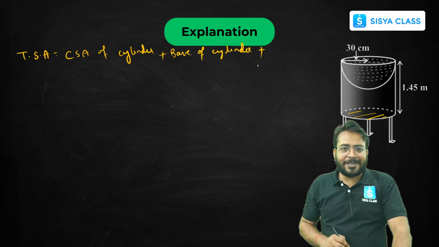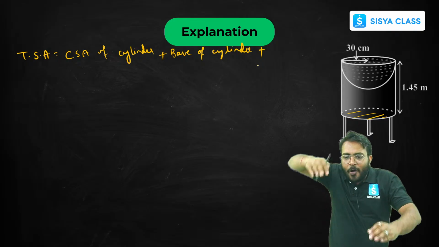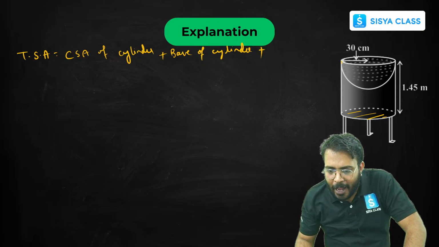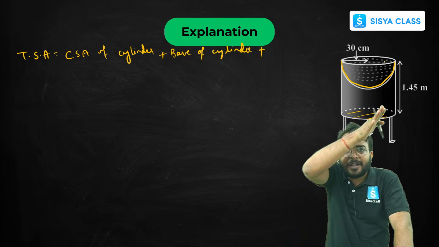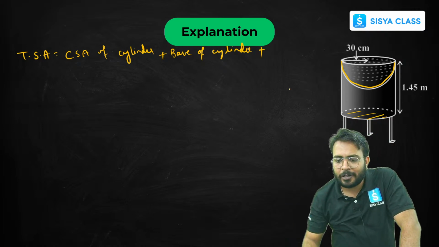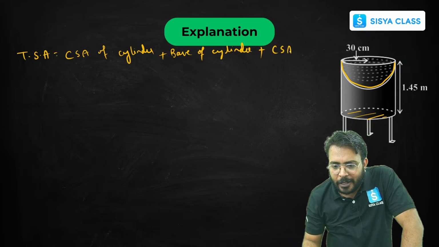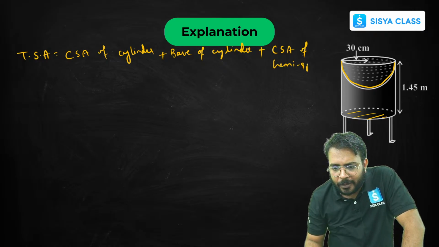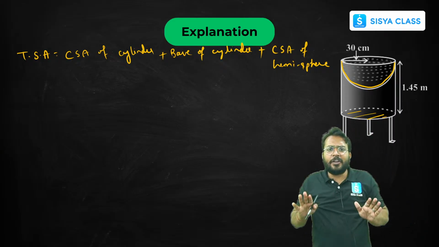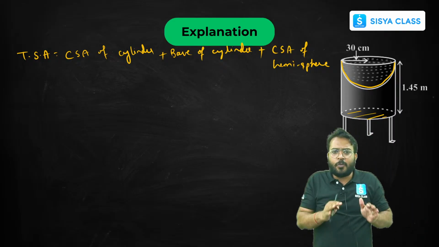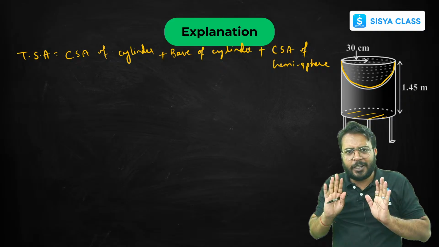Plus, at the top you have a hemisphere. Can you see here? At the top you have a hemisphere, so that means plus the curved surface area of the hemisphere. That's it, okay. Only this is the main concept. Now just write your formulas, take something common, substitute values, get your answer. This is what you have to do here.